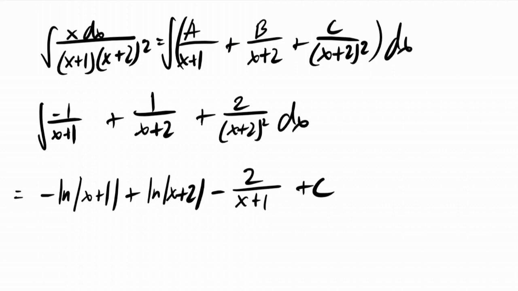Another scenario here. Scenario 3 is n over ax squared plus bx plus c.